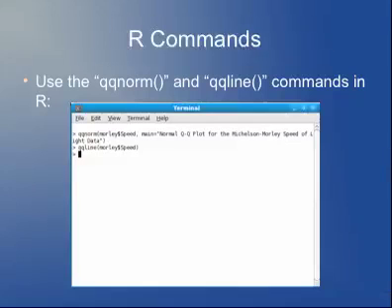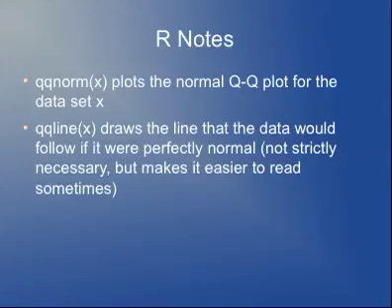You can just go qqnorm data, give it a header, and then if you want to see the line that the data should fall on, if it's truly normally distributed, you can use this command qqline. So qqnorm gives you a normal QQ plot, and qqline gives you the line the data would follow if it were perfectly normal. You don't really need to do that, but it makes the graph easier to read.